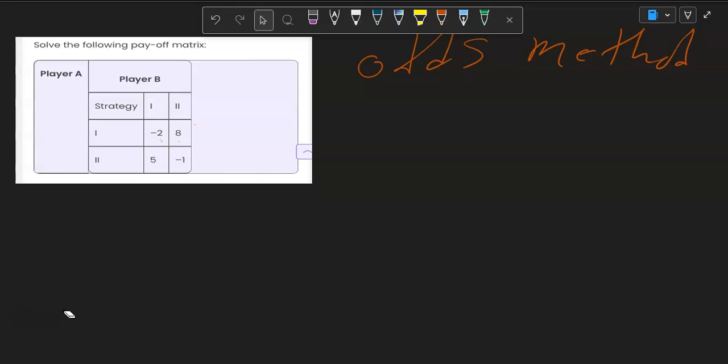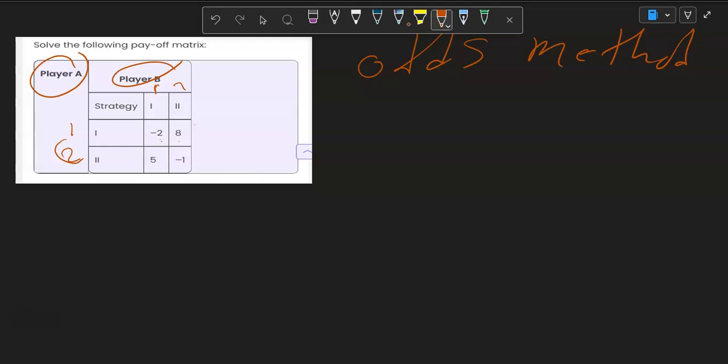Then we go to the probability that player one is going to pick strategy one, the probability that player one is going to pick the second strategy. Or if we go to player B, what is the probability that you pick the first strategy or the second strategy. So that is how we are going to flow. Eventually, we are going to reach a point where we are finding the optimal strategy for each player.